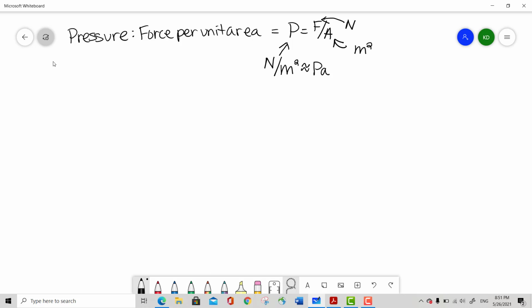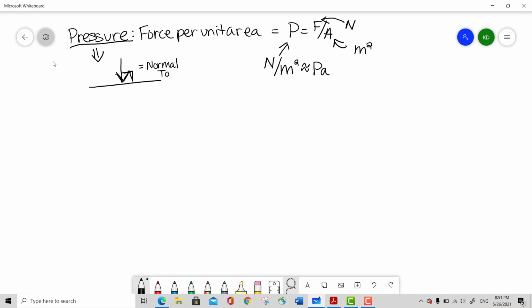One thing to note about pressure is that it's always normal to the surface. That will make more sense if it's confusing when we work the next problem.